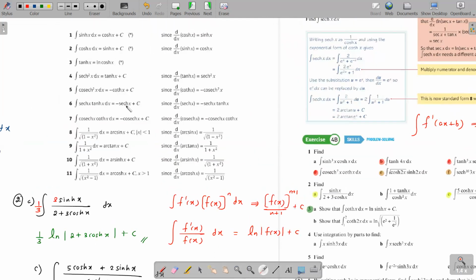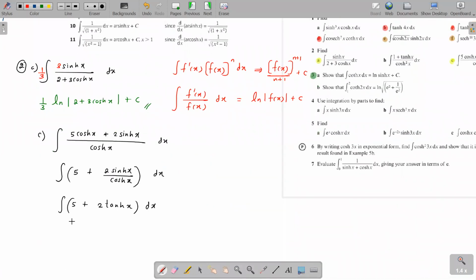Tan x integration is minus ln cos x. Can you see? So the answer is 5x minus 2 times ln cos x. And don't forget the plus c. Okay, then let's move on to the third one.